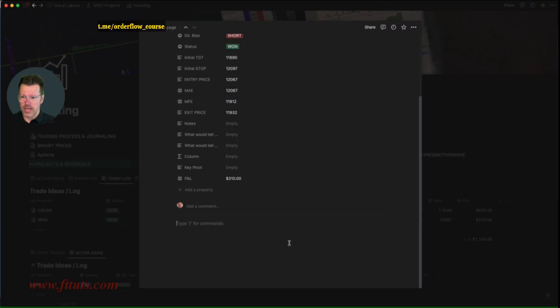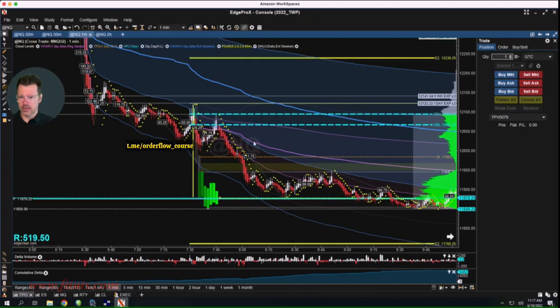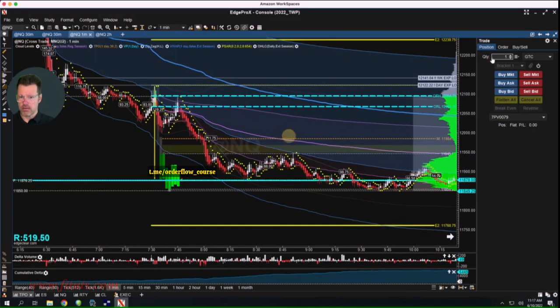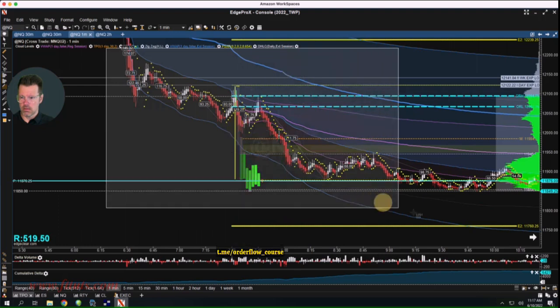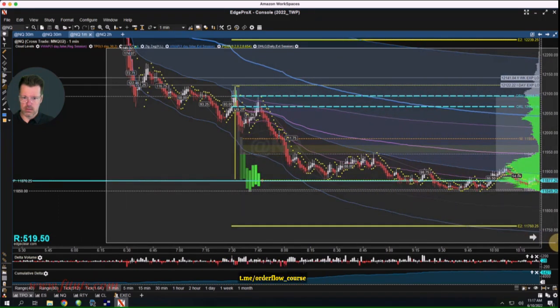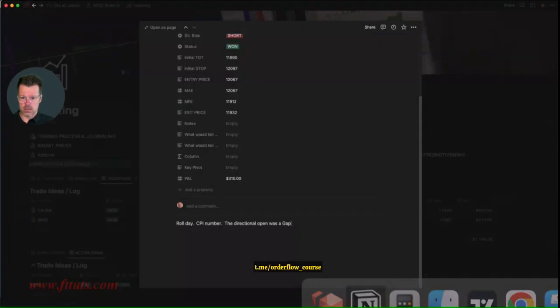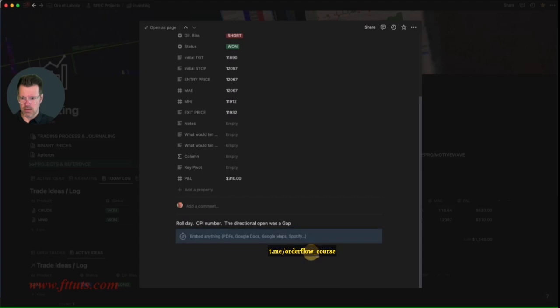And you know, any other comments that I want to add: it's roll day, CPI number, the directional open was a gap. I want to go get a screenshot of this. I want to look at the trigger chart here. So look at it this way. Get that there.